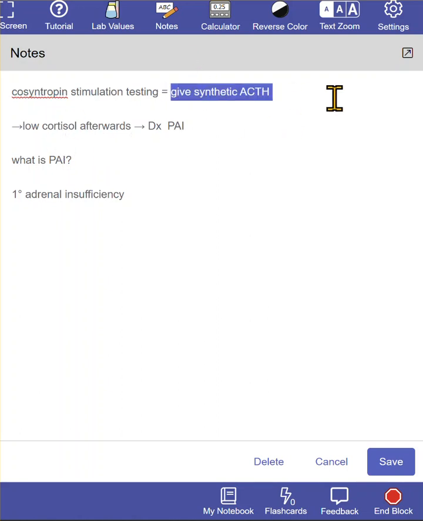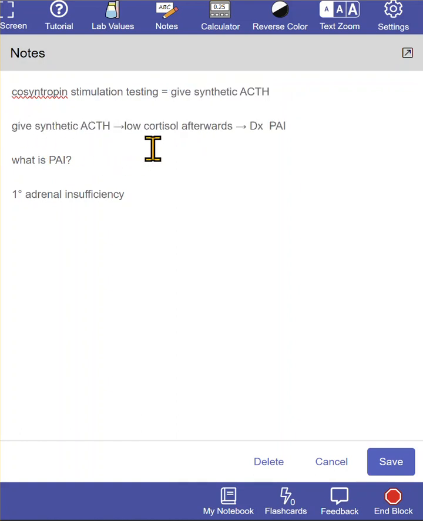And then if you had low cortisol after that, when you tested the cortisol levels, then that would suggest that you had PAI, which is primary adrenal insufficiency. The reason for this being, if your adrenal glands are not doing what they're supposed to be doing, but ACTH is at a reasonable level, you would suspect that ACTH would stimulate an increase in baseline cortisol. But if that's not the case, then you likely have PAI.